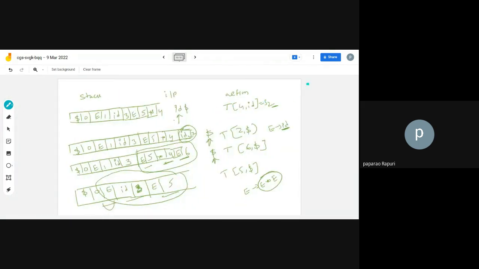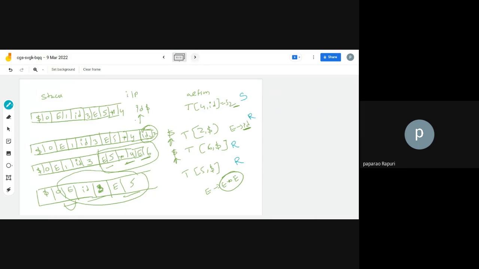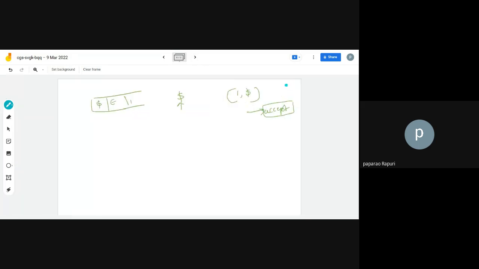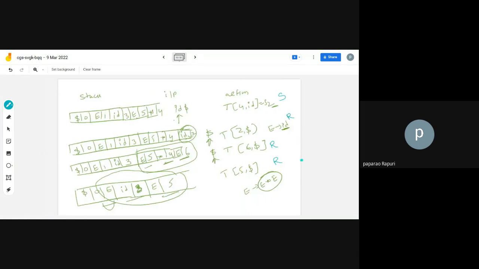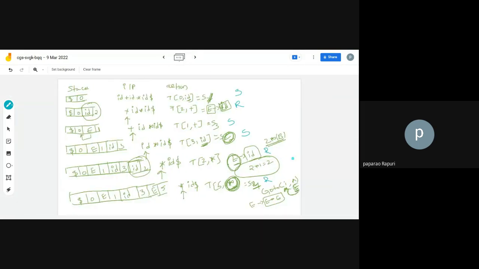And here it is shift. And here it is reduce. And here also it is reduce. Here also it is reduce. And here it is accept. So 1, 2, 3, 4, 5, 6. 6 reduce and 4 shift operations.